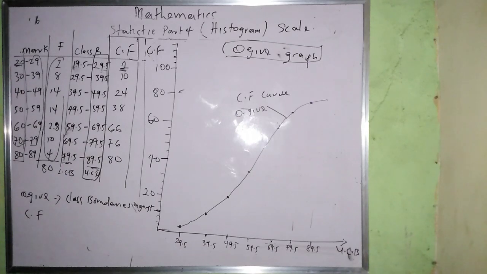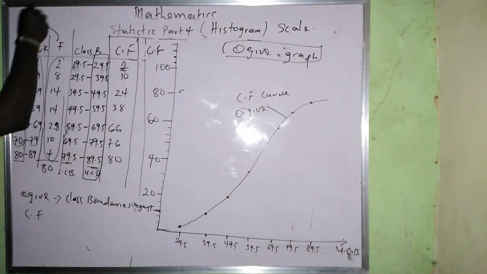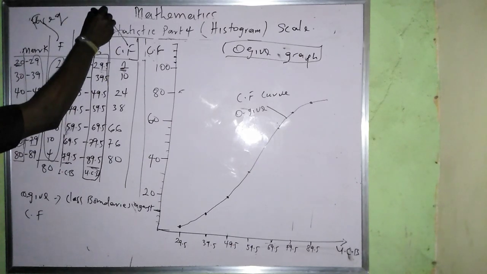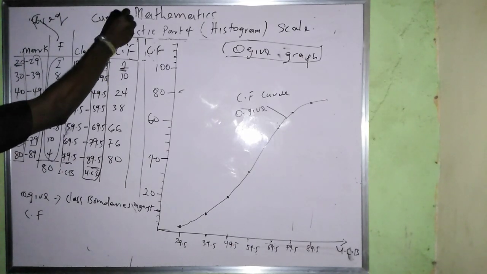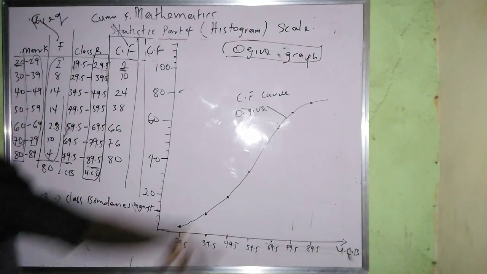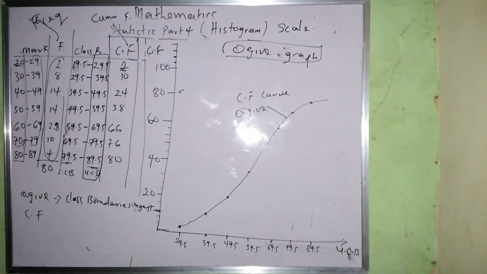Against cumulative frequency, not frequency. This is a frequency, while this is cumulative frequency. Please take note of that. That is how to achieve our OGIF. You can be asked to plot this in any given exam.